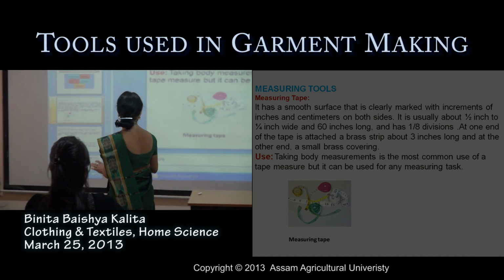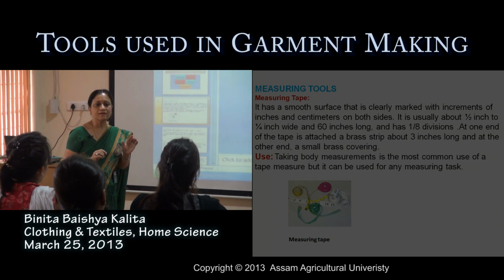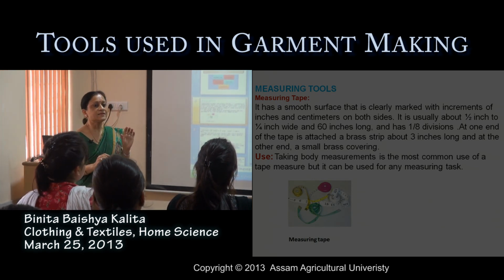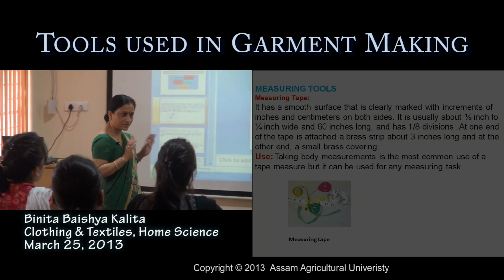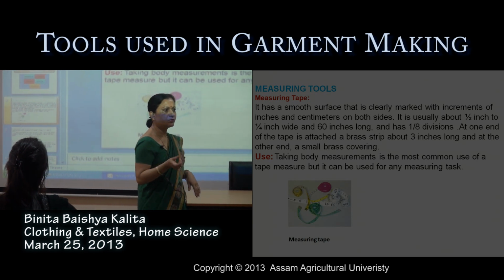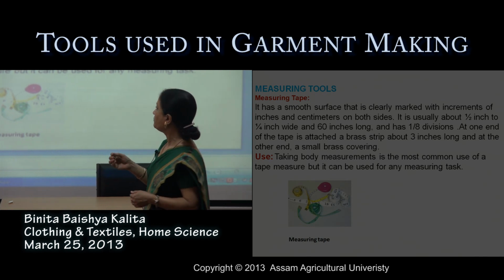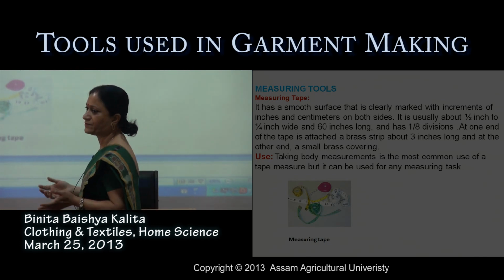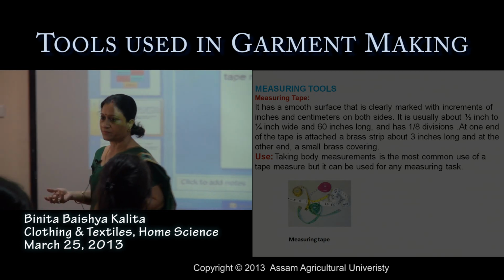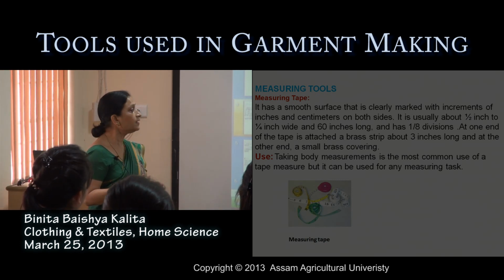So first one is the measuring tape. This measuring tape is very smooth, the length is 60 inches, and the width varies from 1/4 inch to 1/2 inch. On the measuring tape there will be markings of inches and centimeters by which we can take the measurement of the body as well as the fabric for which we are going to make the garment.